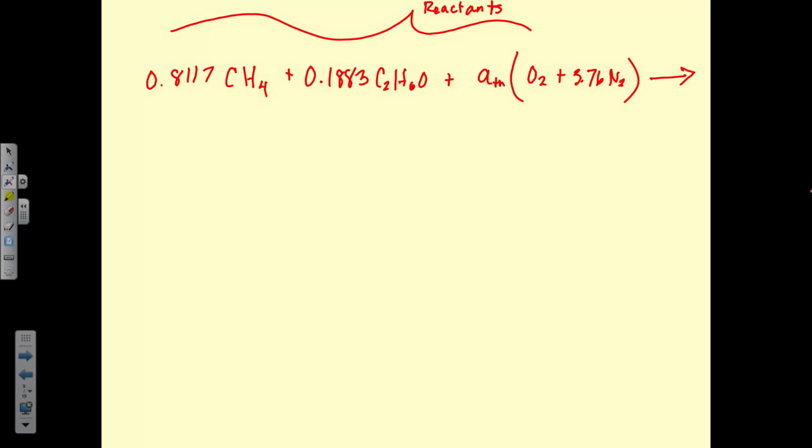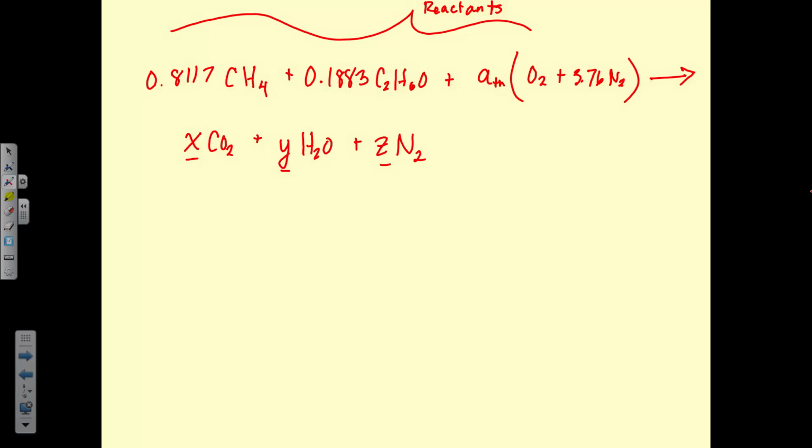Okay, so then the other side of the equation will be our products, that we have some amount of CO2 plus some amount of H2O plus some amount of nitrogen. And because we know these molar fractions have to balance on either side of the equation, we can set some of these components equal to one another.